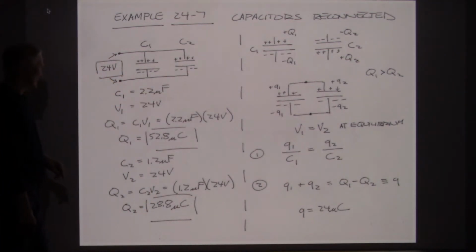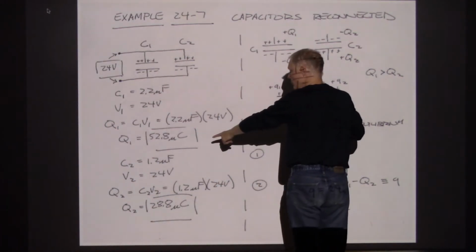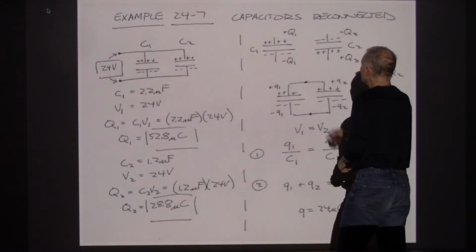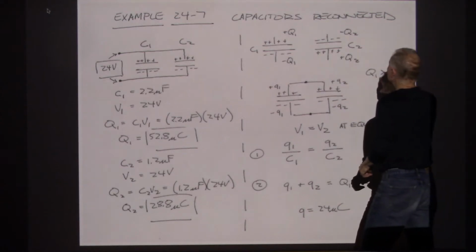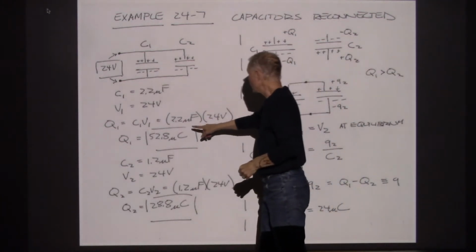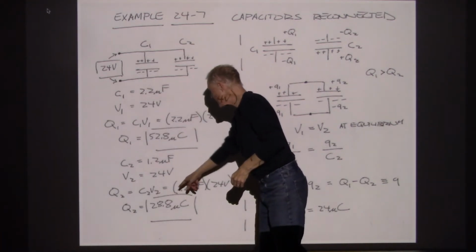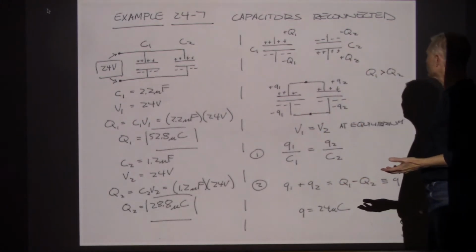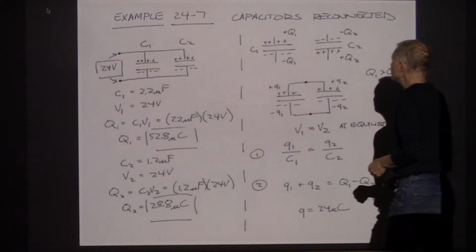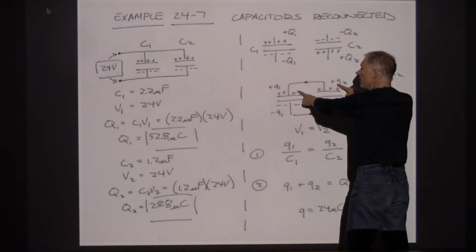Now what's going to happen is when I disconnect them, these are the charges that I'm going to have stored. But notice that when I reconnect them, the 52.8 is going to line up with the negative 28.8, and that will cancel out a good portion of the charge. So what will happen then in this case is that these plates will remain positive.